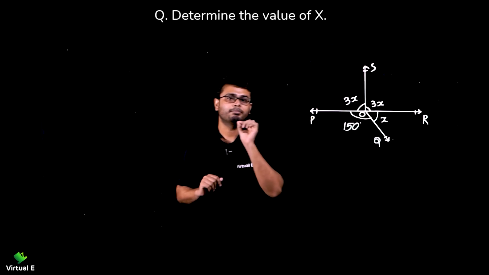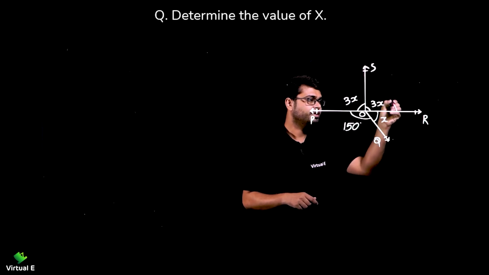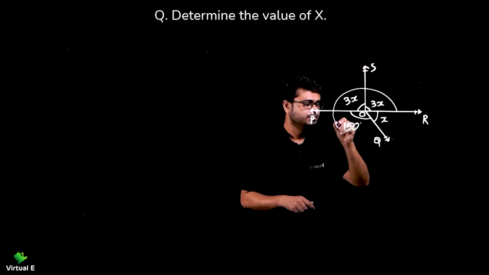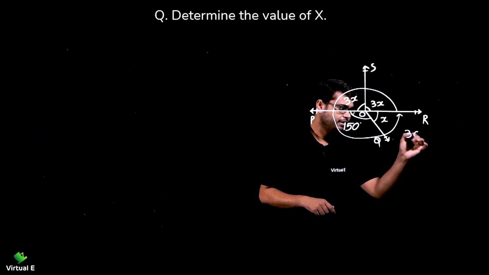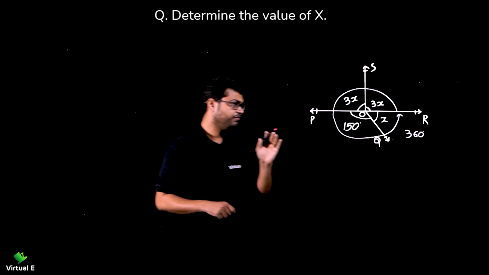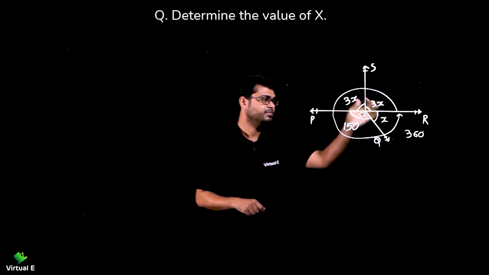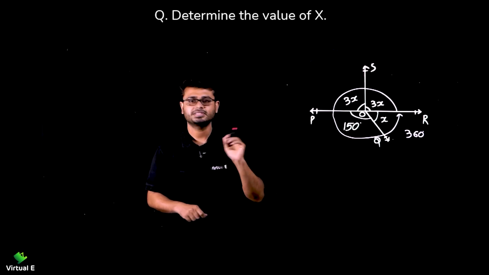That is the complete angle. If we start from this point and come back again here, that is a 360 degree complete angle. So if we add all of them, we are going to get the answer as 360 degrees.